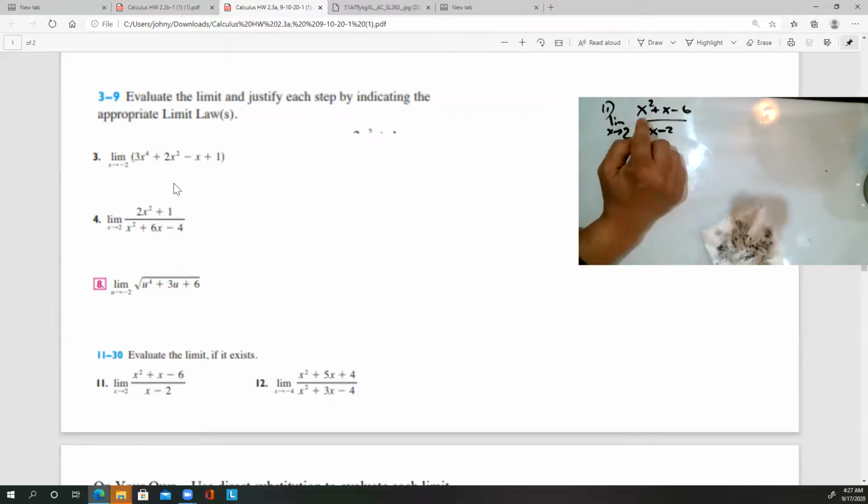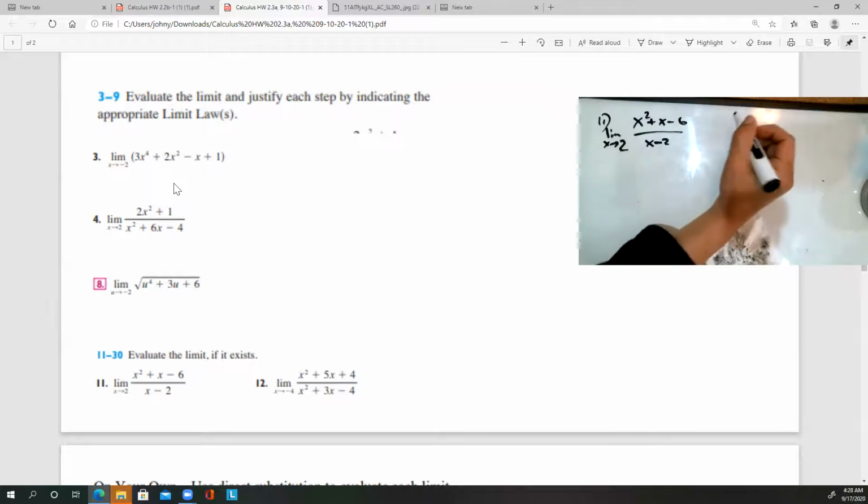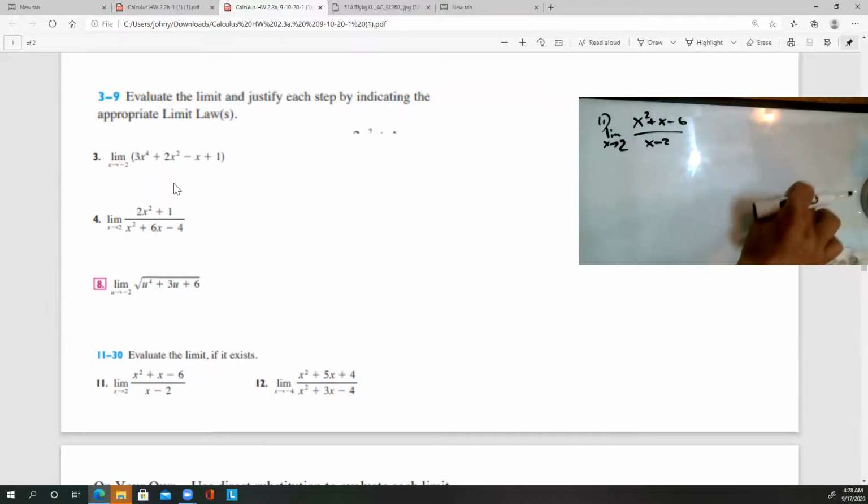So we can only do one thing. Look at the numerator, x squared plus x minus 6. You can use a diamond if you want. You can factor it whichever way you want. It doesn't really matter how you factor, using the diamond or the regular method.